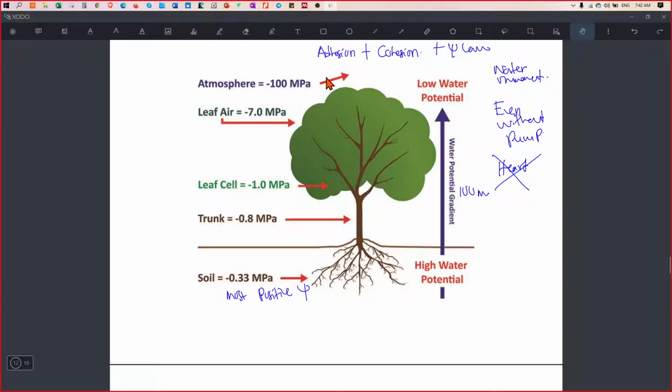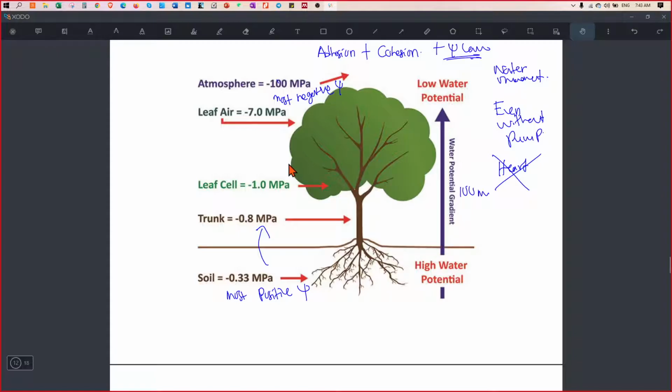And the leaf, just before the atmosphere, will have the most negative water potential, and of course the atmosphere even more negative. So water will travel this way because it follows the water potential law, coupled with adhesion and cohesion of water inside the trunk.